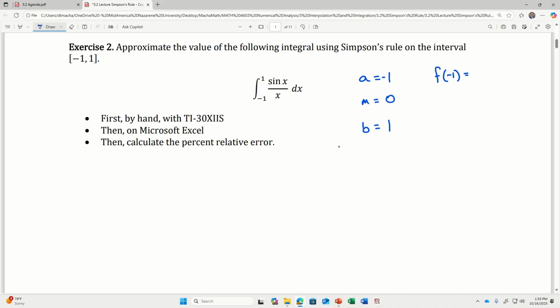You need a calculator. I don't have a calculator. What's sine of -1 in radians? Sine of -1 in radians is 0.8415.